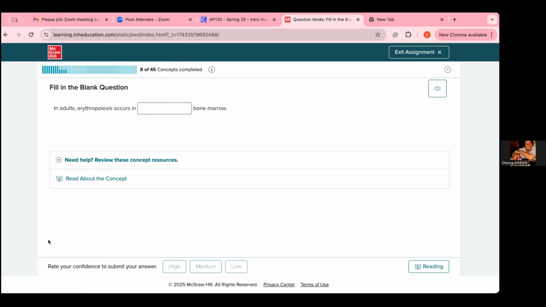I would say, let me see, what is... I would say red because it can't be anywhere else, because the erythrocytes have hemoglobin and those are going to be red blood cells. So they would be in the red bone marrow.